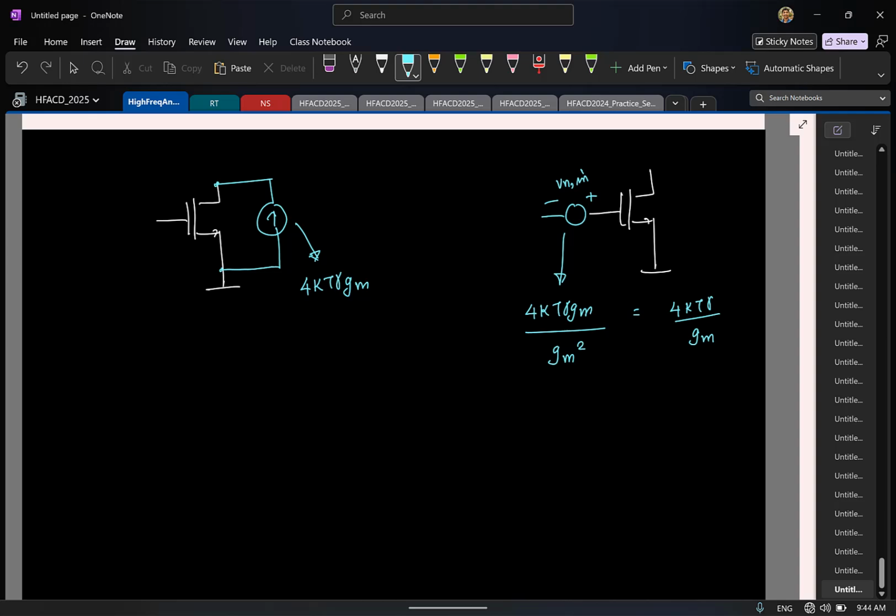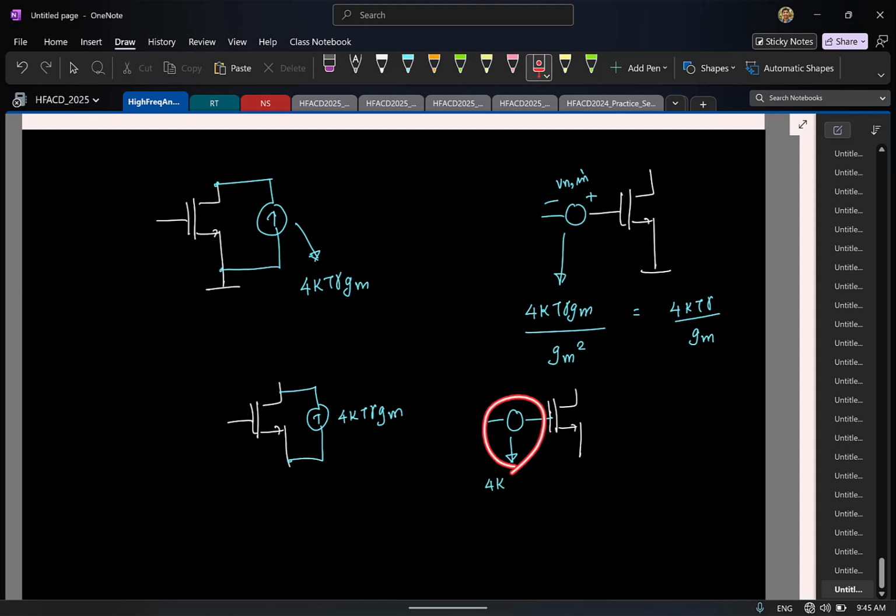So anytime you have a MOSFET, and if you ignore the gate capacitance, which means the input impedance is infinity, you can either model the MOSFET's noise as a parallel current source with a power spectral density 4kTγGm, or equivalently model it using an input referred voltage source with power spectral density 4kTγ/Gm.